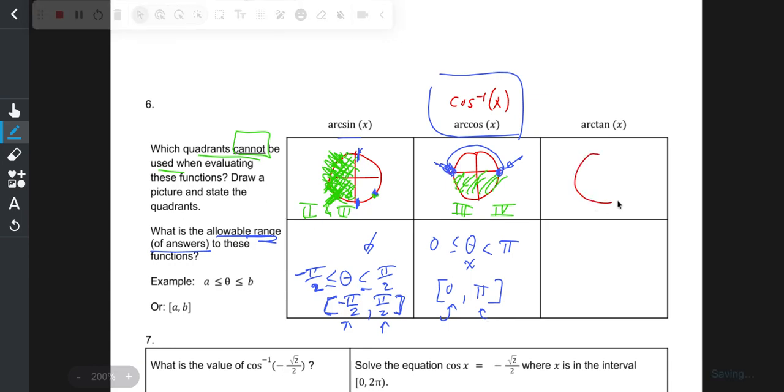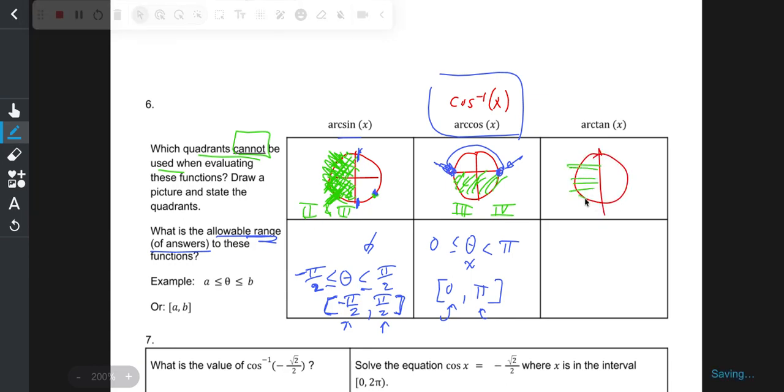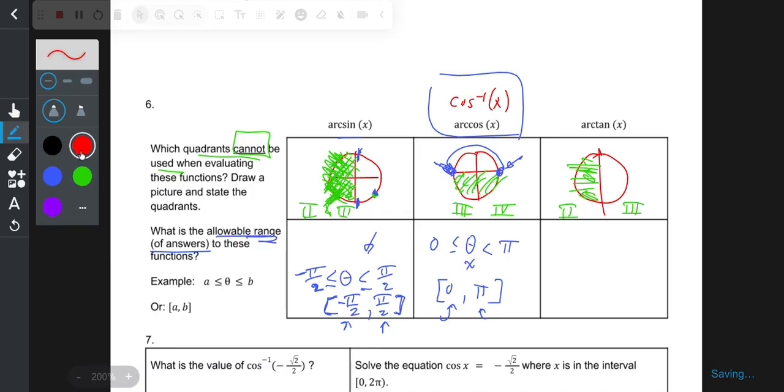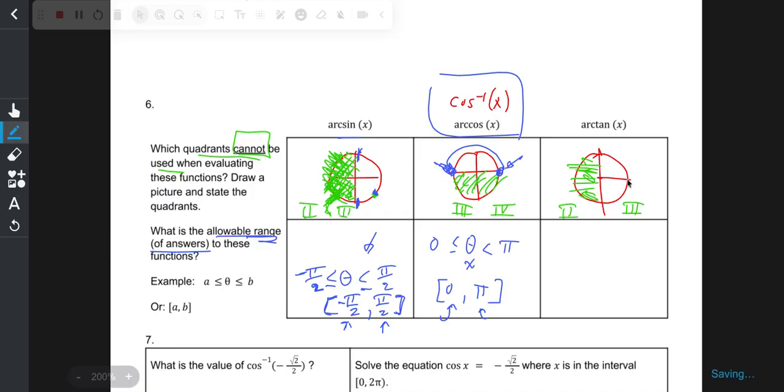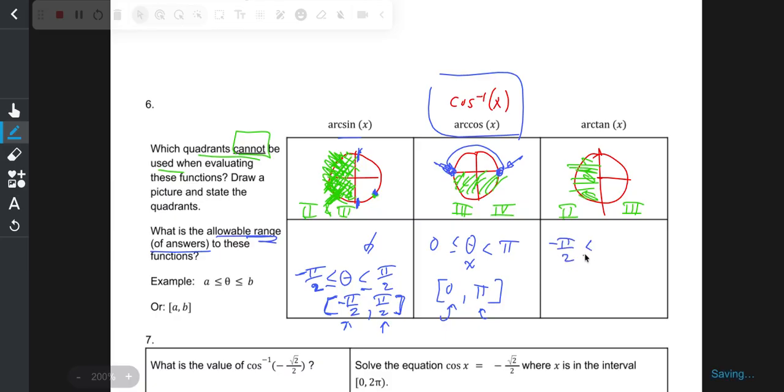And then arctan is just like sine. It's the same. Don't use these quadrants. Do not use quadrants 2 or 3 for your answers. Just the right half of the circle. The answers that you're allowed to give are just like sine: negative pi over 2, there's the angle, up to pi over 2.